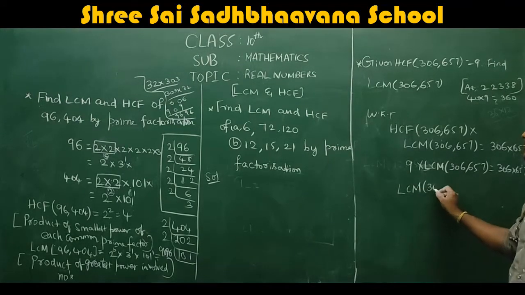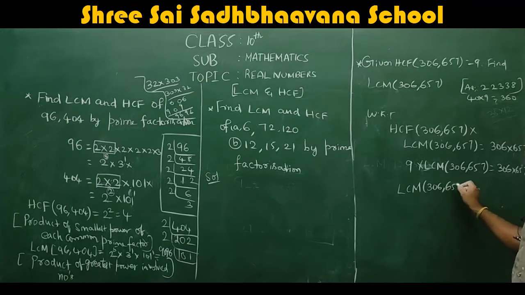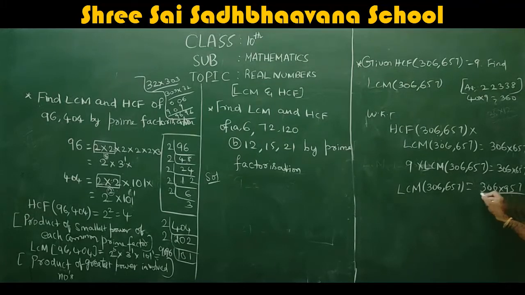Okay, so we need LCM. So LCM of 306, 657 is equal to 306 into 657, and the 9 will come in the denominator.